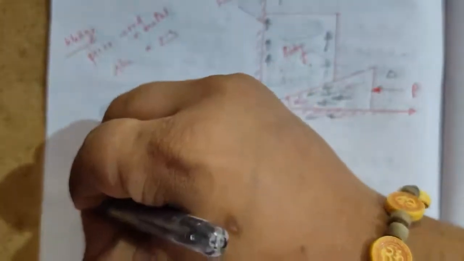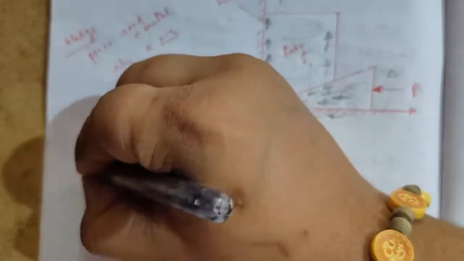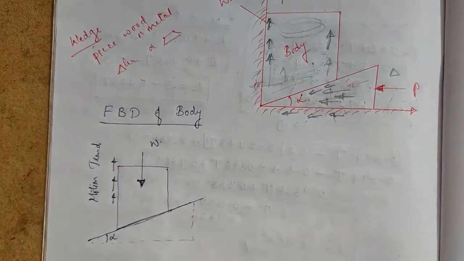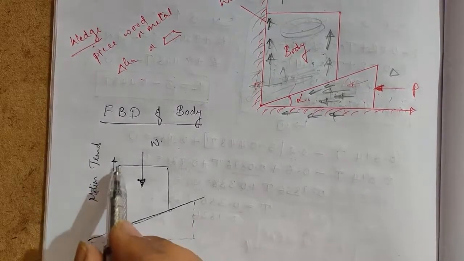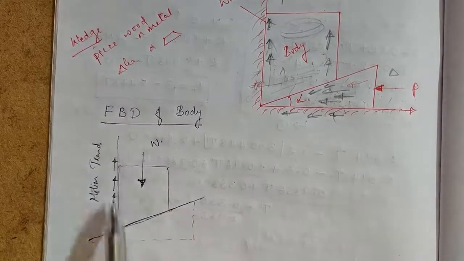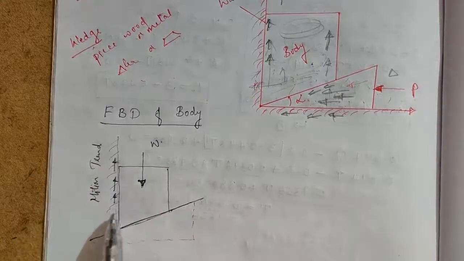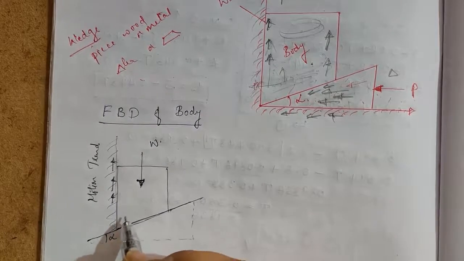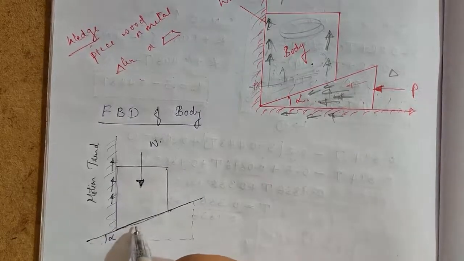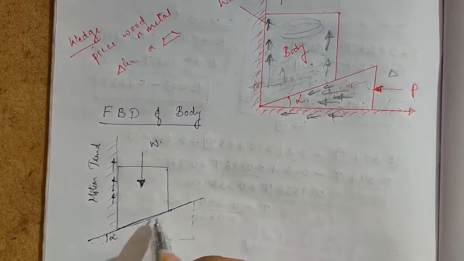After applying P, it will go up. This is the motion trend. The motion of the body will go up, and here there is a wall. Fine, here there is a wall. Then the motion trend here is like this.